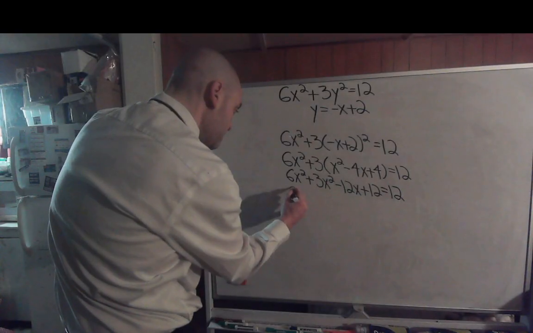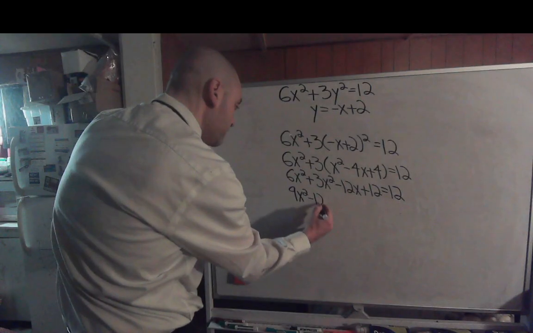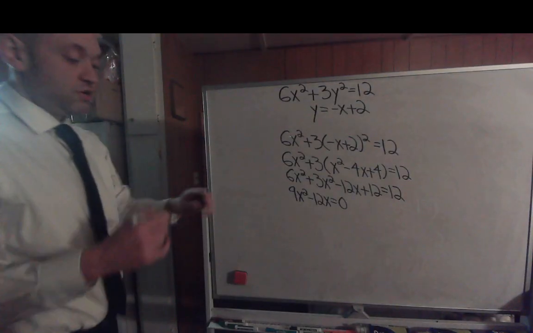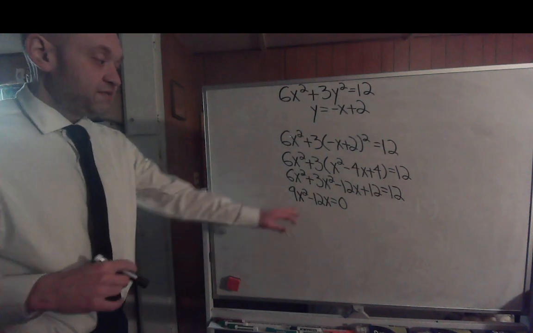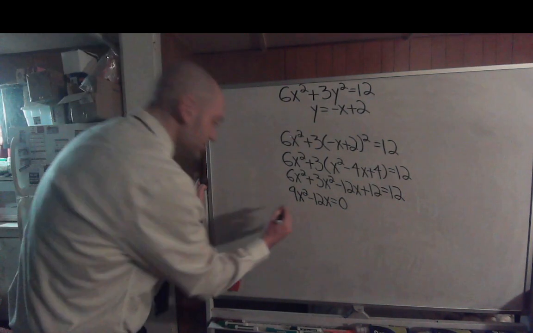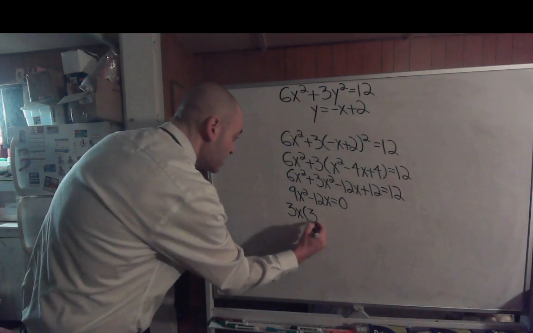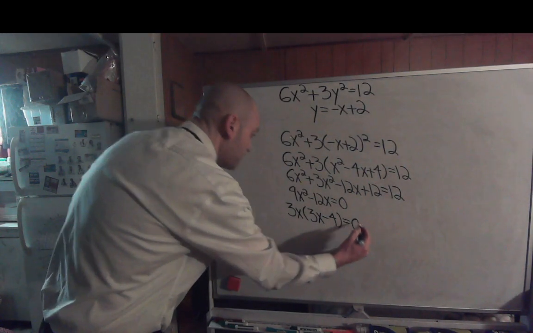So this would turn into 9x squared minus 12x equals 0. So this turns into something a lot simpler. Well, you can definitely factor out a common 3x, right? If you do that, you'll get 3x times (3x minus 4) equals 0.